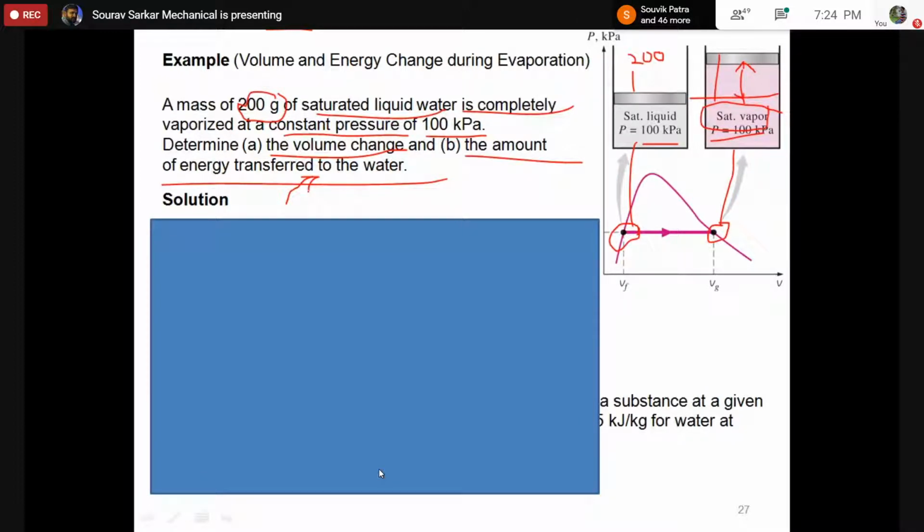Sir, here the pressure is constant, and we know that enthalpy is defined as the heat supplied at constant pressure. Very good.